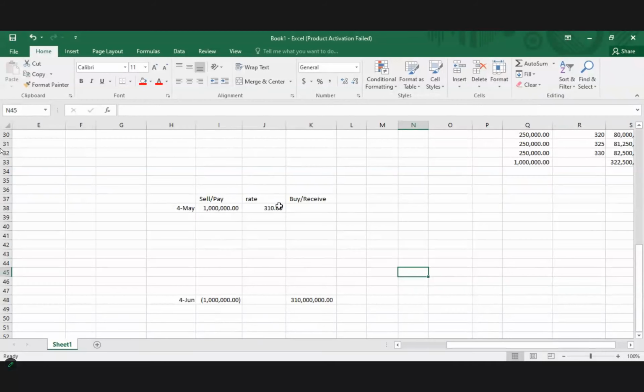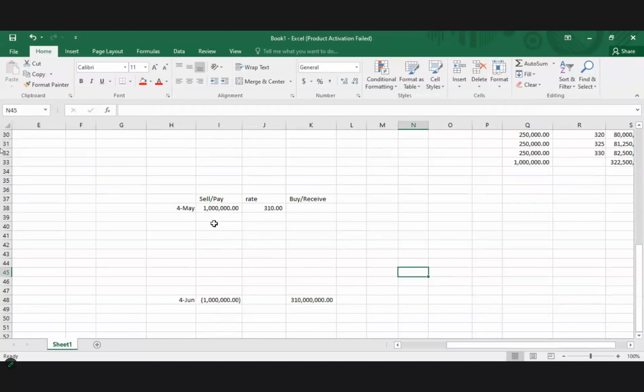Once I entered into this transaction, I enter into this transaction because I have to manage my position and I may have a buy transaction happening somewhere. To offset that buy transaction only, I will basically do this sell transaction.